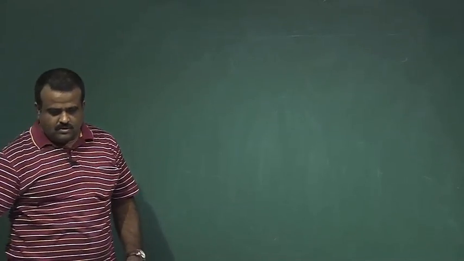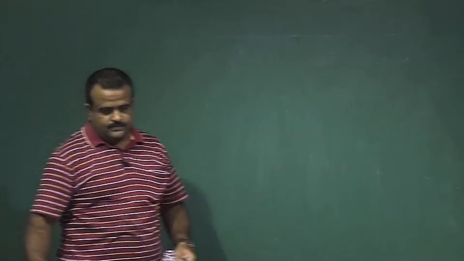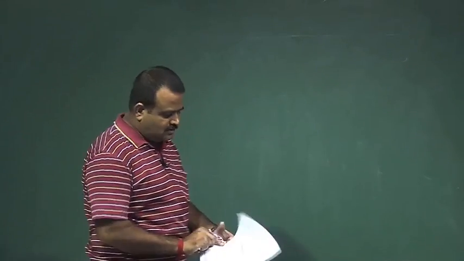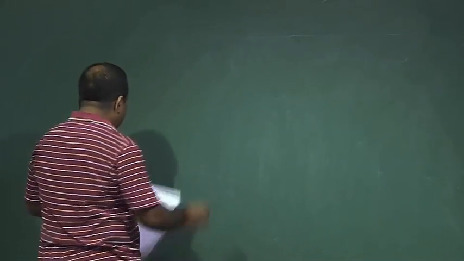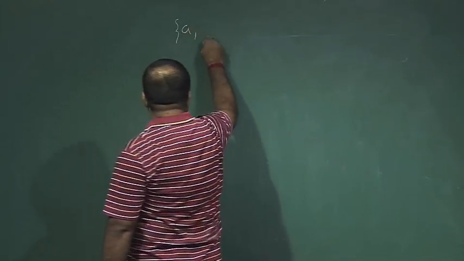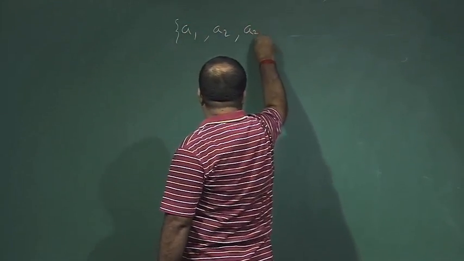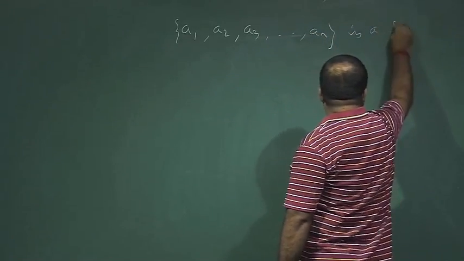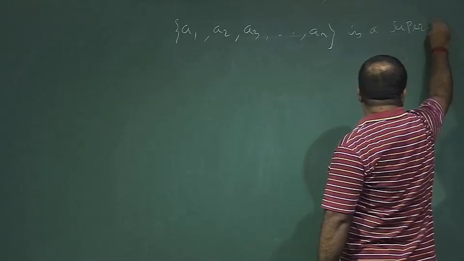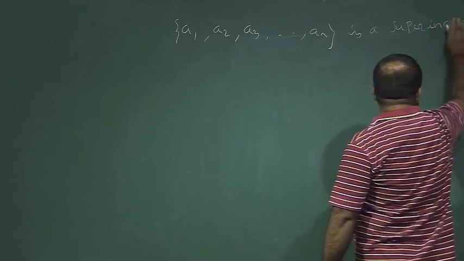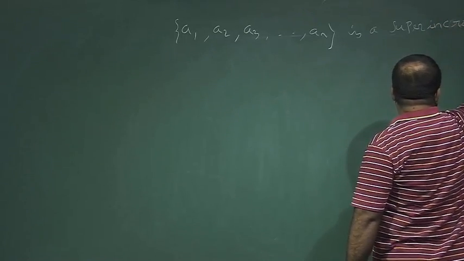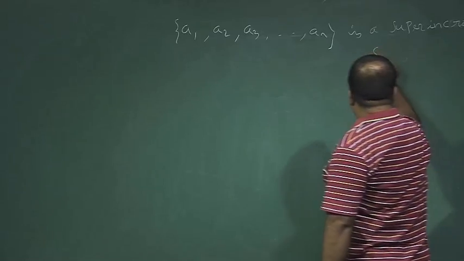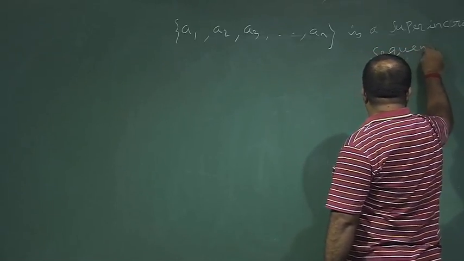That we will talk about. So if A1 to AN is a super increasing sequence, what do we mean by super increasing?